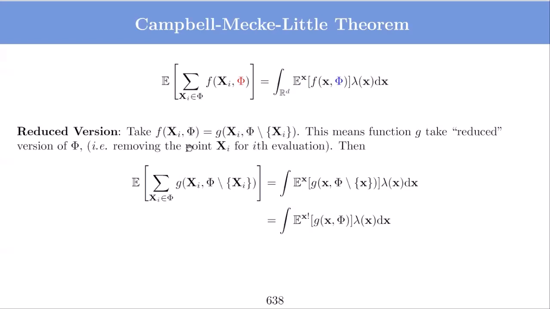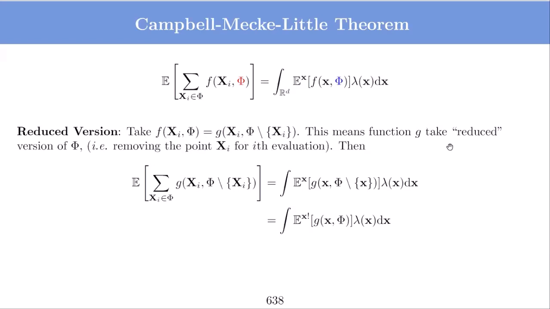When I give it xi and Φ, it computes over the point location xi, and in the view it does not consider xi, so it removes xi and just computes over the rest of the points. So this can be written as some other function g of xi and Φ minus xi.